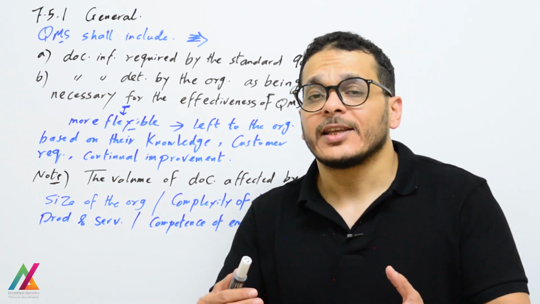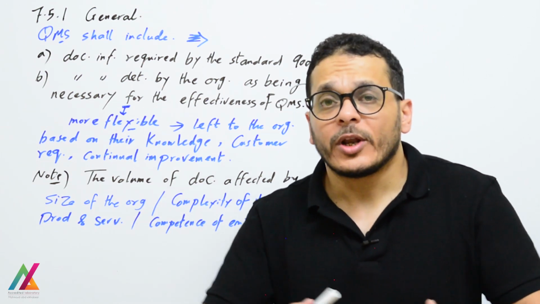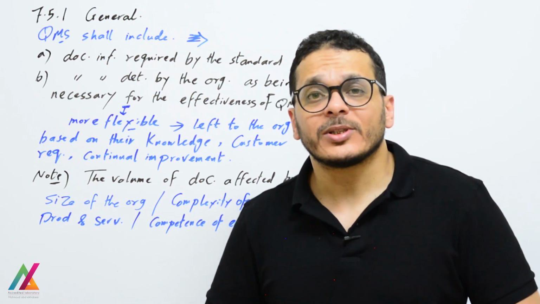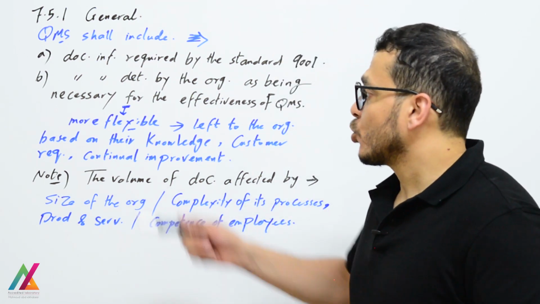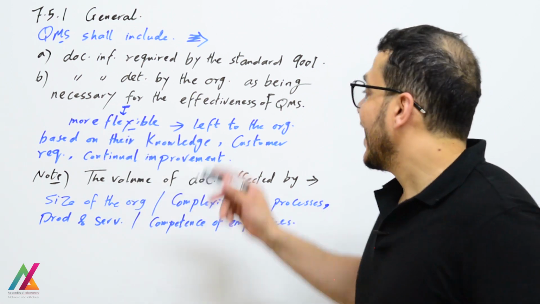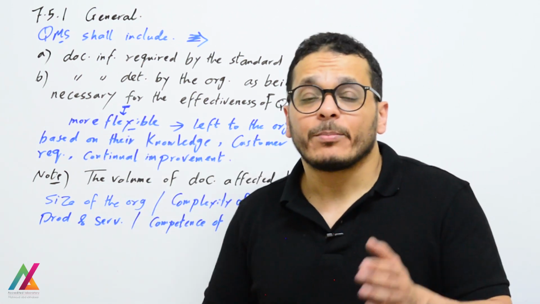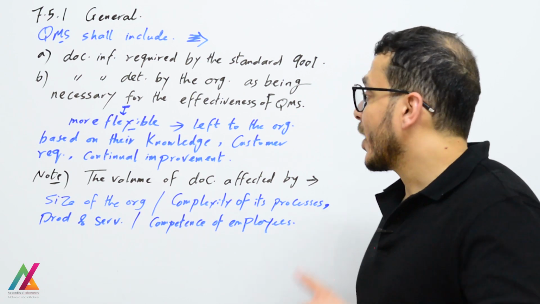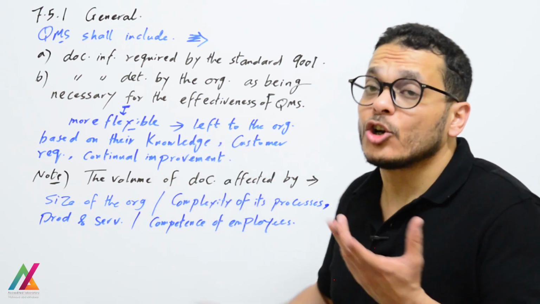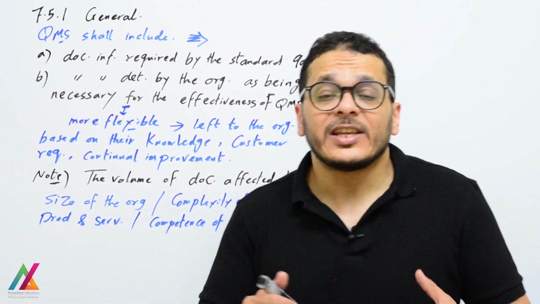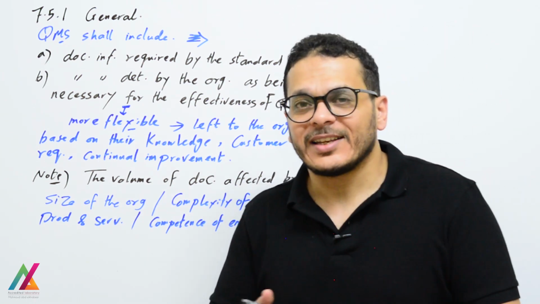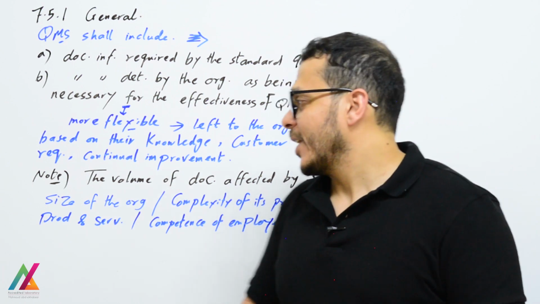They keep it more flexible than before. Whatever the organization finds important or that will improve the effectiveness of the quality management system, they can also prepare as documented information. So it's more flexible because it's left to the organization, based on their requirements, customer requirements, their knowledge about the standard and experience, and also if they need continual improvement and need to add more documented information.